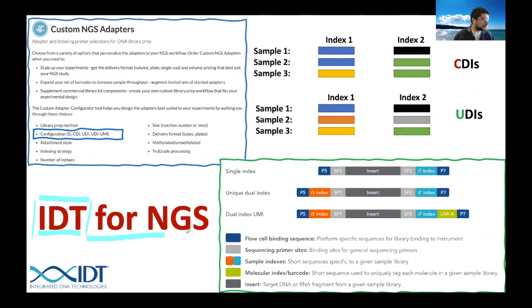They already have a preset custom service for adapters, since the Illumina adapters are universal. So you can just go there and say, I want a unique dual, or I want a unique dual with UMI, and they will synthesize these adapters for you with all the right sequences, so you don't have to create them yourself.